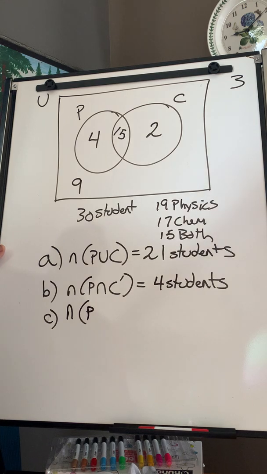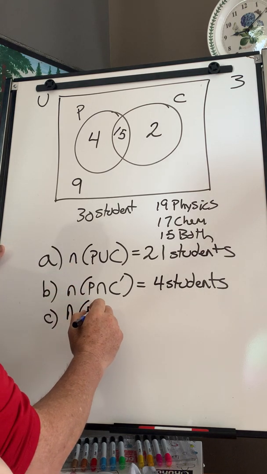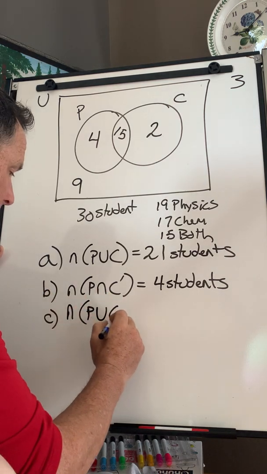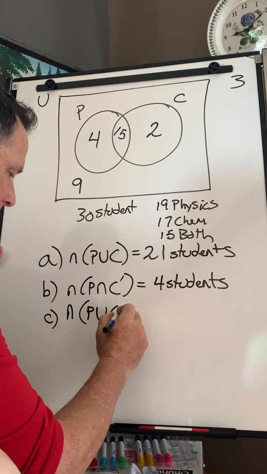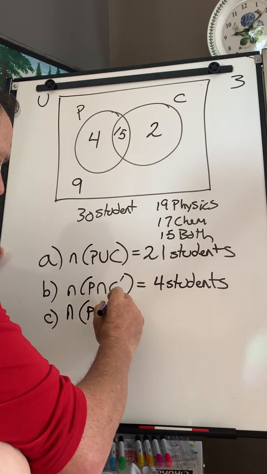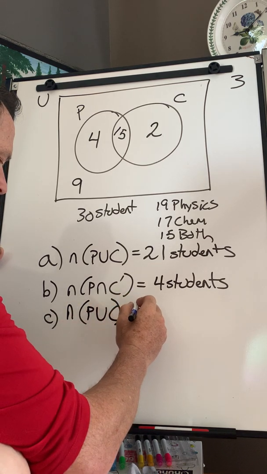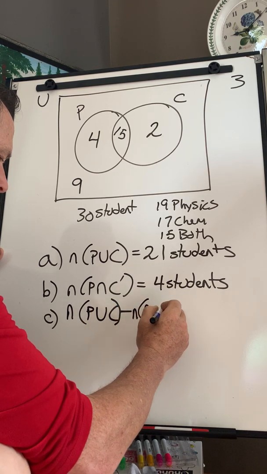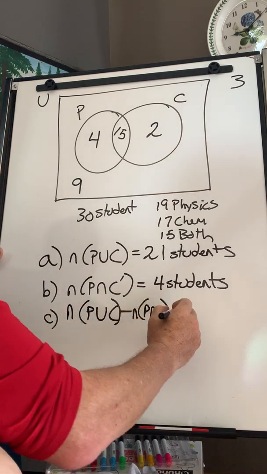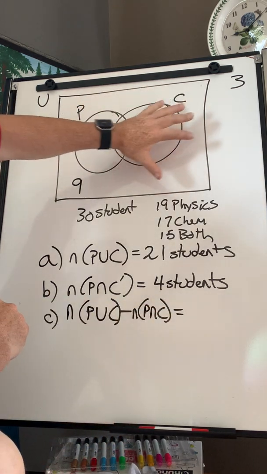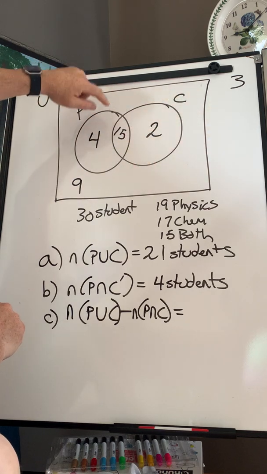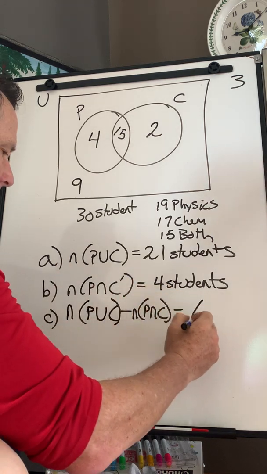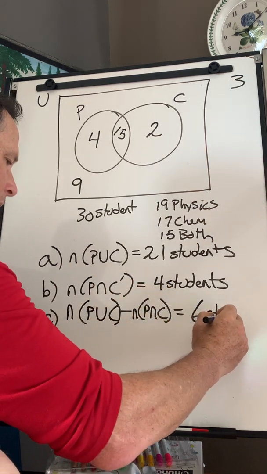We want the number of elements that are in physics with the number of students who are in chemistry. But now we're going to subtract the number of students who are in the intersection. So I want the number of students that are totally in here, but I don't want the ones who take 2 courses. They want 1 course only. So that's going to be 4 plus 2 to give me 6 students.